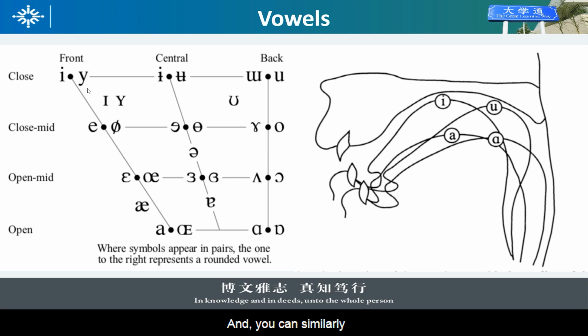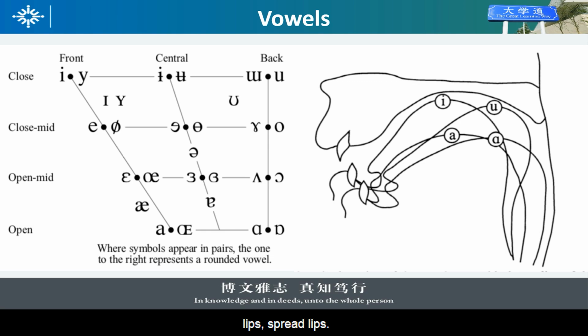And you can similarly find a pair, a neighbor of each one. If you see two signs here beside the dot, the left one is unrounded, that means you spread your lips.